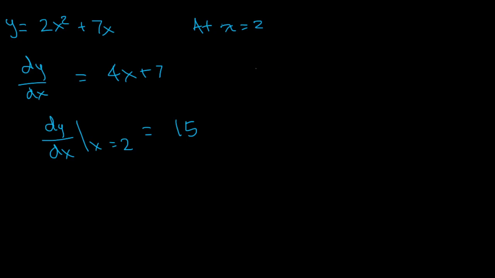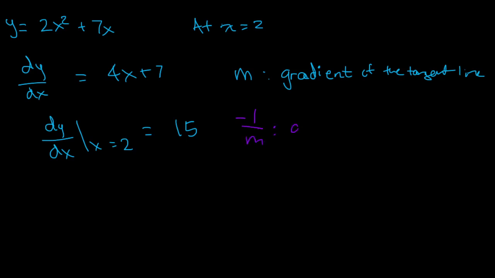So what I mean by that is, let's say m is the gradient of the tangent line. That means negative 1 over m is the gradient of the normal line.